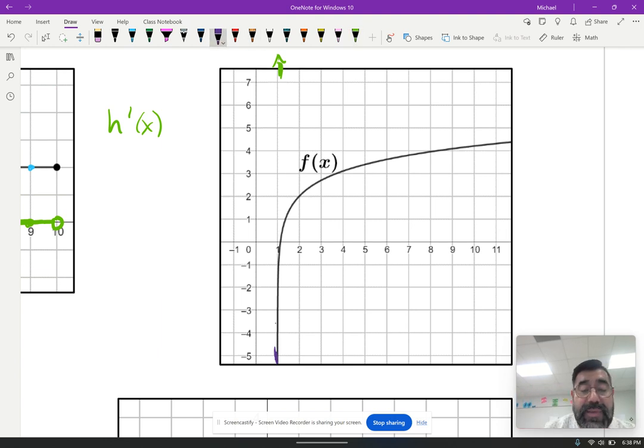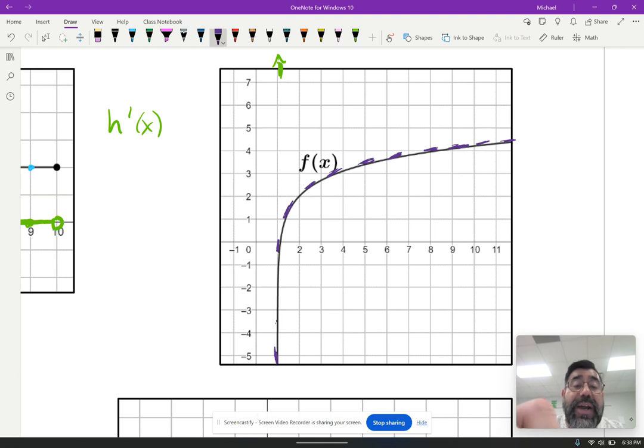Now what happens? Well, the slopes get less and they're still positive, but notice they're kind of leveling off. The slopes are becoming almost horizontal by the time I get to 12 over here. Okay, so if my slopes in purple are leveling off, they start really, really steep and positive, and they become less positive, less positive, less positive, going towards 0.